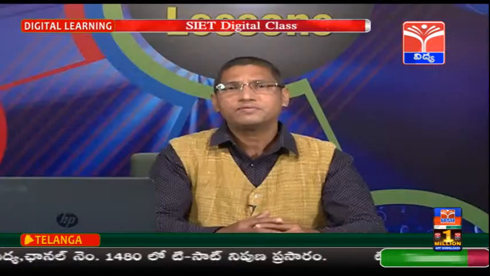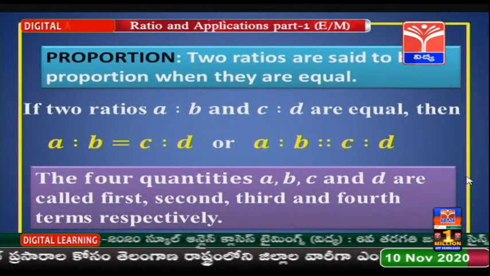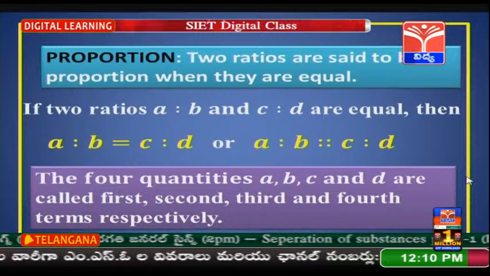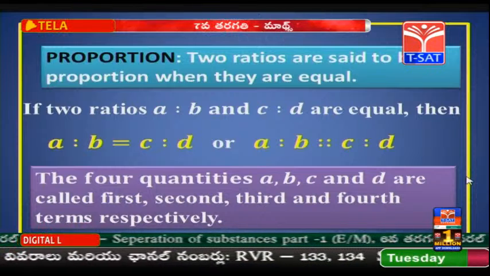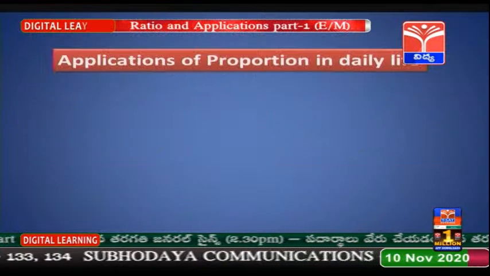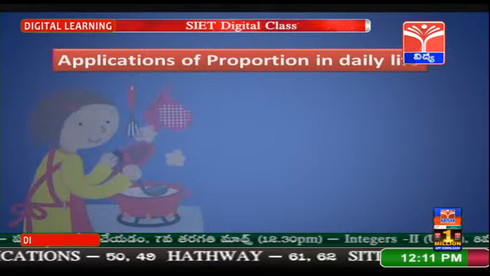Children, I think you might have understood the concept of proportion very well, right? So, the 4 quantities A, B, C and D are called first, second, third and fourth terms respectively. Now, let us see the applications of this proportion in our daily life.